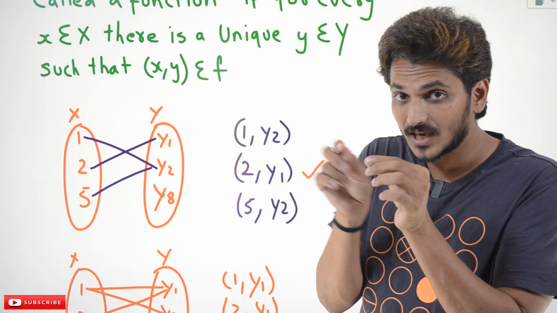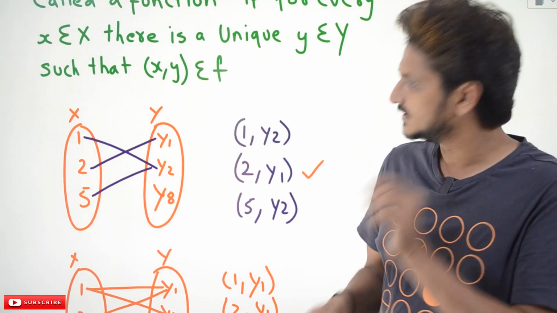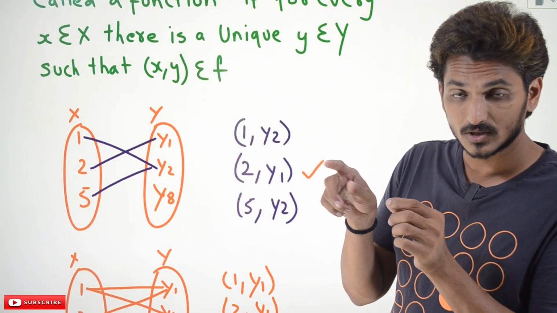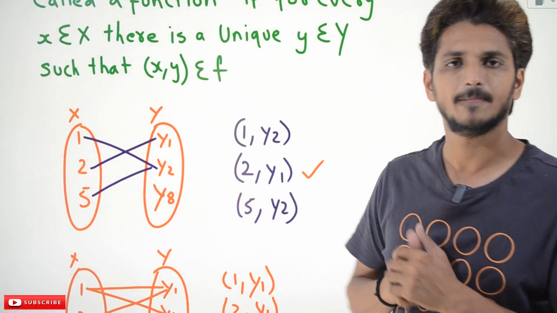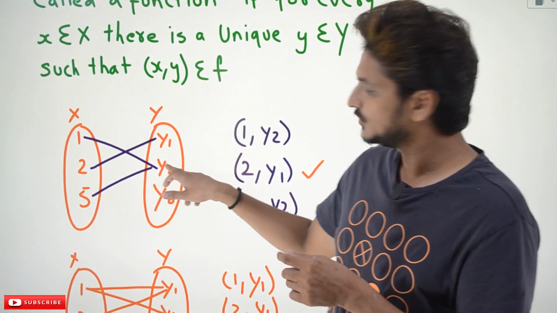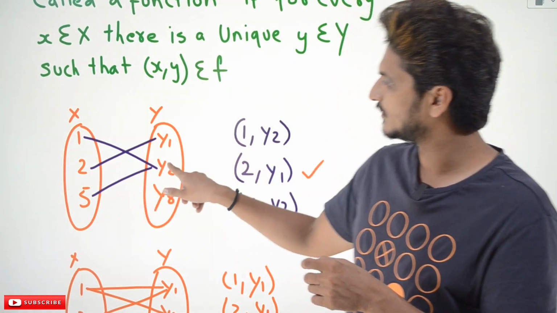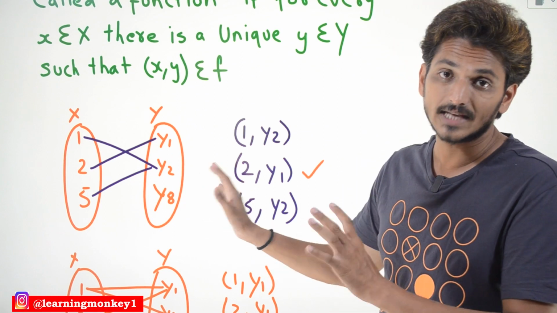So 1 has a unique mapping in Y, which is y2. Similarly, 2 has a unique mapping in Y, which is y1. Similarly, the third one, 5, has a unique mapping in Y, which is y2. 5 is mapped with y2. So that's why we can call this a function.